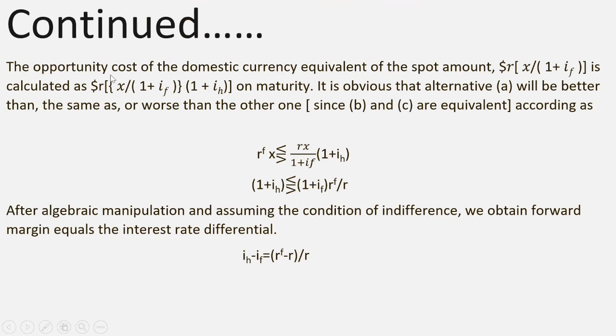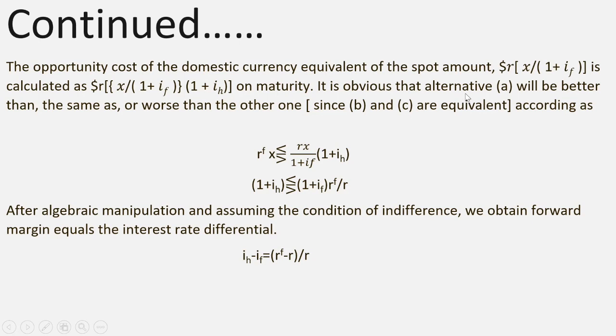The opportunity cost of the domestic currency equivalent of the spot amount, $R into X divided by 1 plus IF, is calculated as $R into X divided by 1 plus IF into 1 plus IH on maturity.